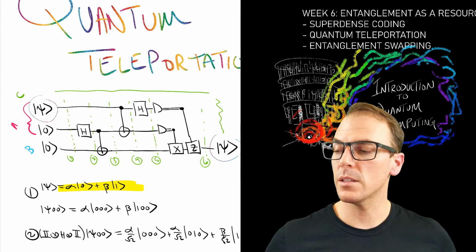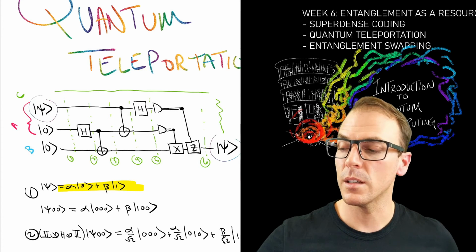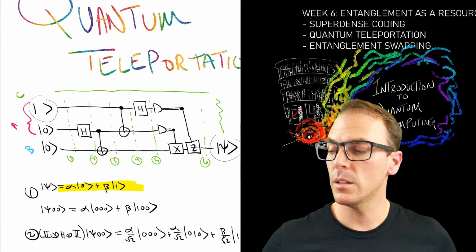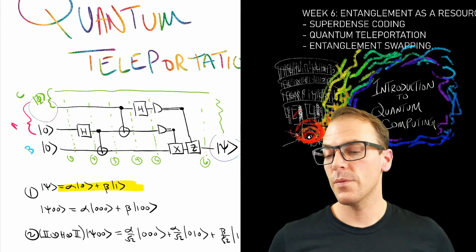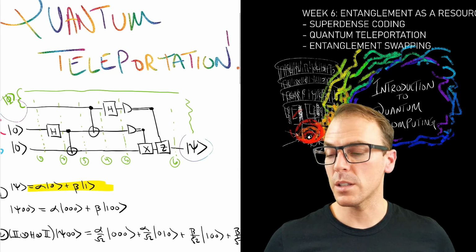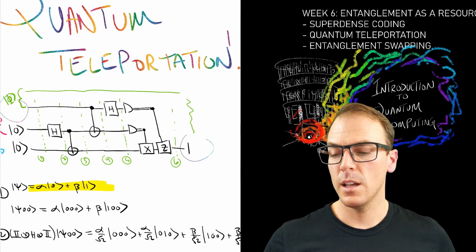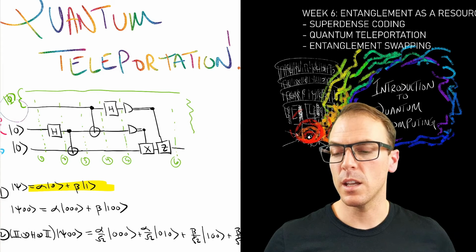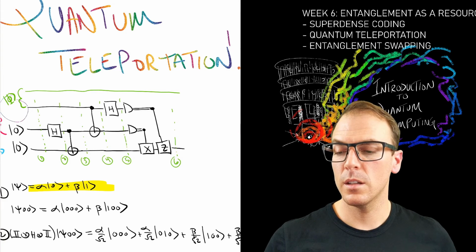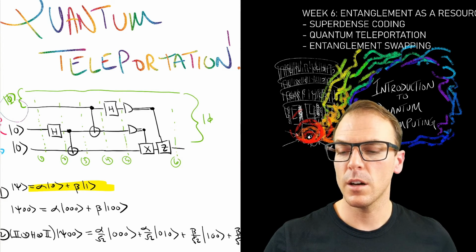Say Alice and Charlie had some entangled state, then at the end of the protocol, Bob doesn't have psi anymore, but in fact has an entangled state shared between he and Charlie.